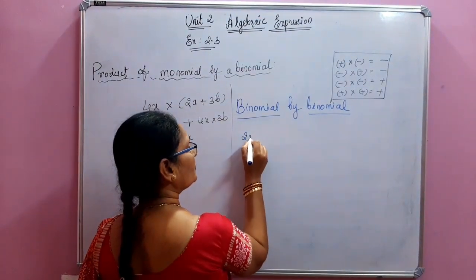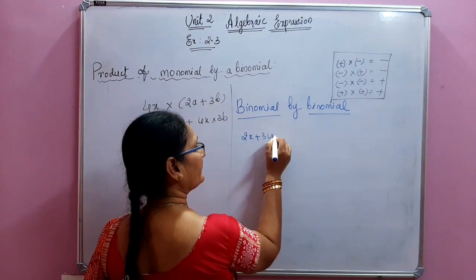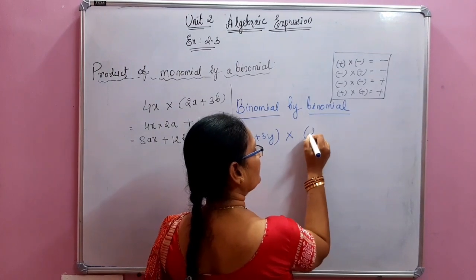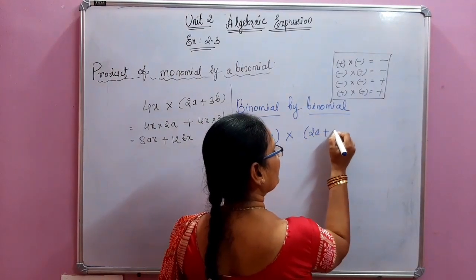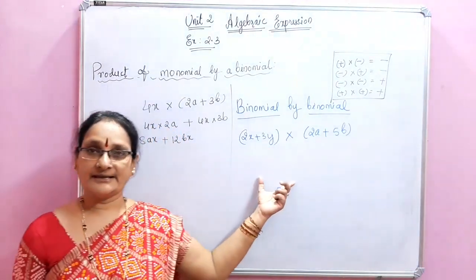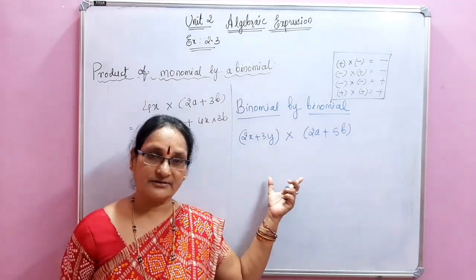Say example, 2x plus 3y, this is one binomial, into 2a plus 5b. This is one binomial. How to multiply? Very very easy, children. Please give attention.